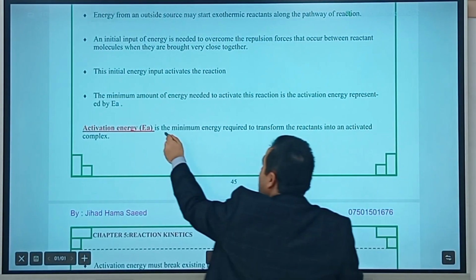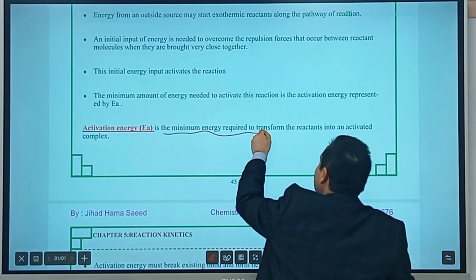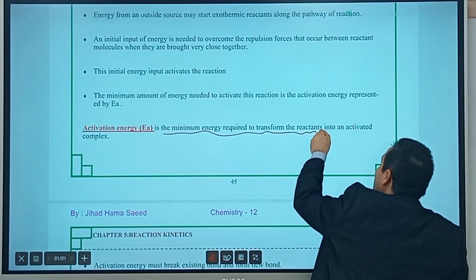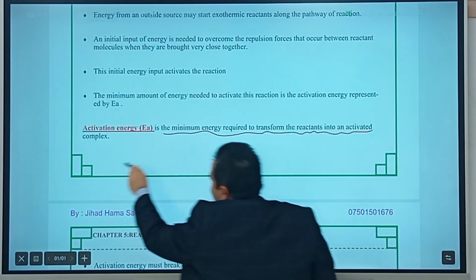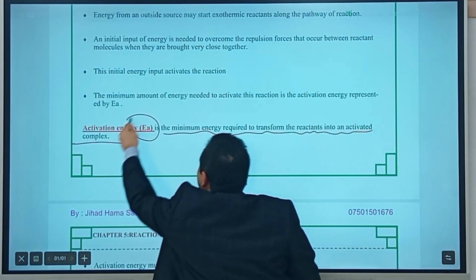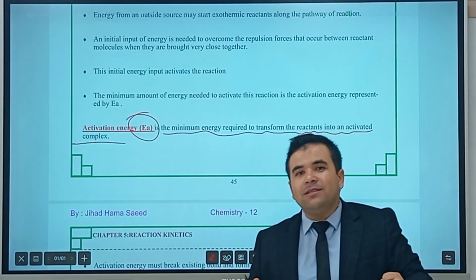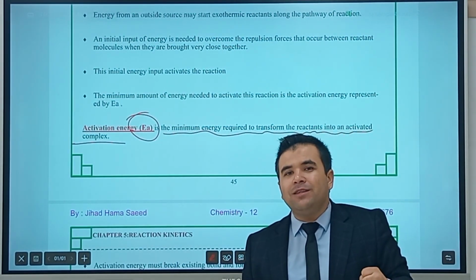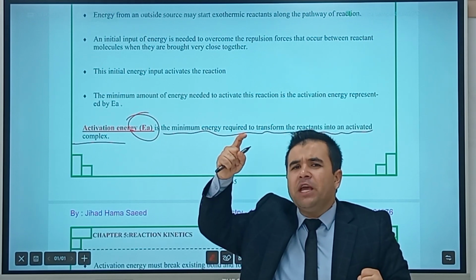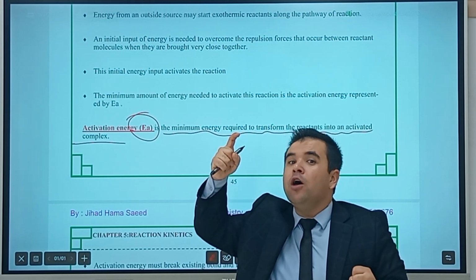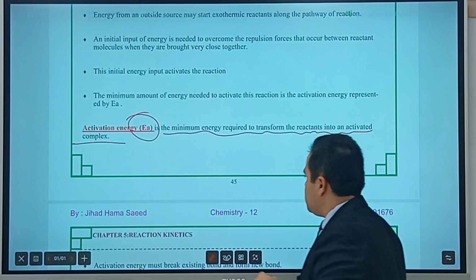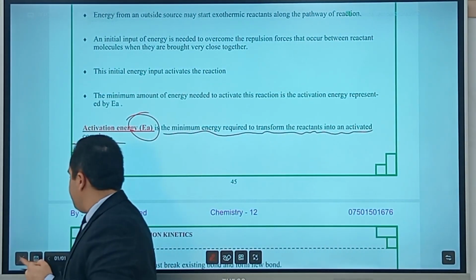It is the minimum amount of energy required to transfer the reactant into the activated complex. EA is the amount of energy which transfers the reactant into the activated complex, which is the peak point of the path of a reaction we will be showing graphically.